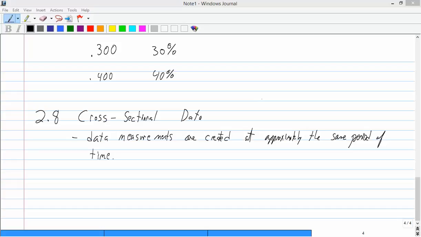So if we're looking at life expectancy in the year 2000 for some given countries, think about it. You could get different life expectancies in different countries at that one time. So that would be like a cross-sectional study, or the data that you collect would be cross-sectional data.